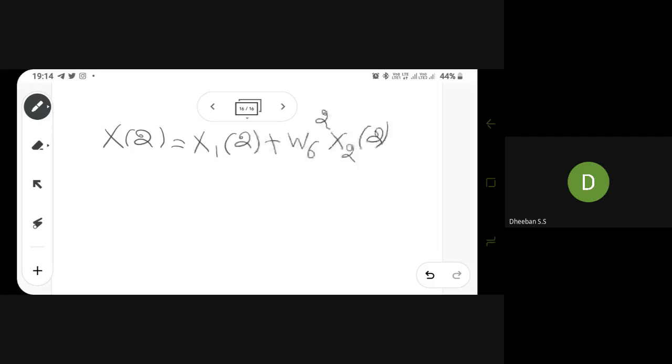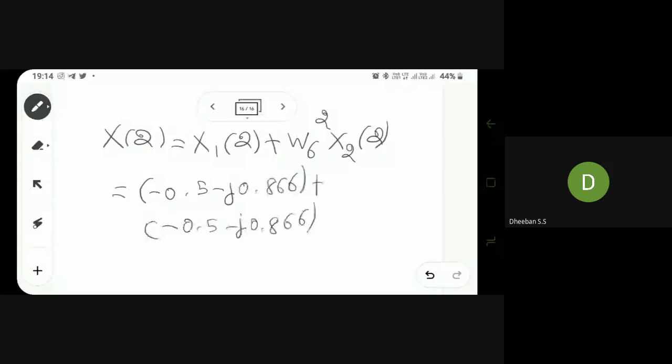So we'll be getting minus 0.5 minus j 0.866 plus minus 0.5 minus j 0.866 into minus 1. This and this are the same, minus will be coming, so x of 2 will be 0.